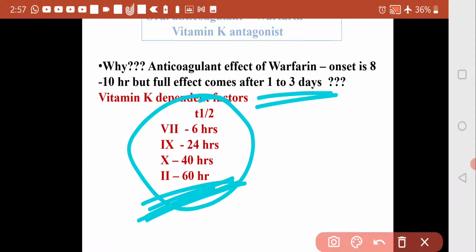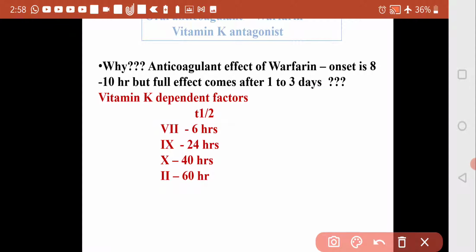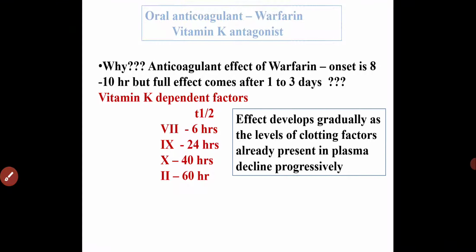So we need heparin first when we use warfarin, and after 3, 4 or 7 days we stop the heparin and ultimately shift to warfarin. So why is there a delay with warfarin? Try to remember this thing. The effect develops gradually as clotting factors are already available in the plasma.